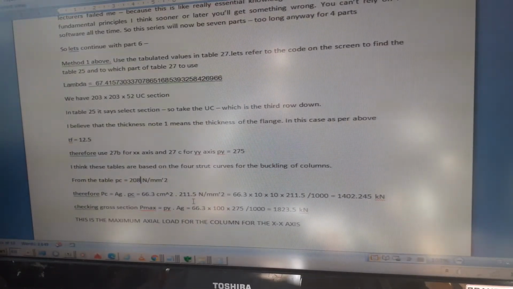That's for the x-axis. Therefore, Pc equals Ag times pc, so the maximum axial load is the gross area times the reduced stress.